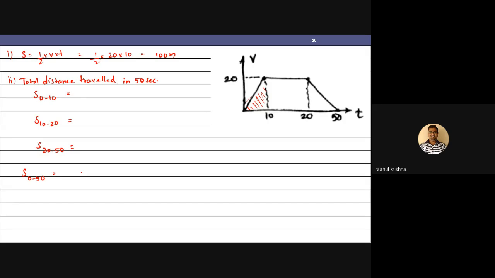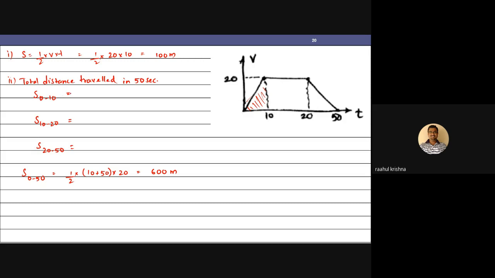What is the equation for the area under a trapezium? Half into sum of parallel sides into height. My first parallel side is 50, and the second parallel side is 20 minus 10. So half into 10 plus 50 into the height 20 comes out to be 600 meters.